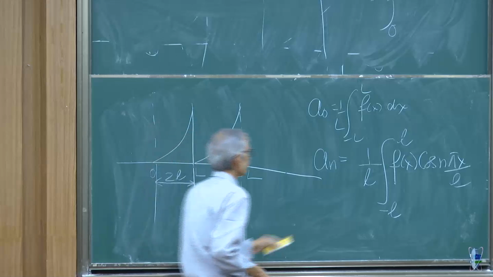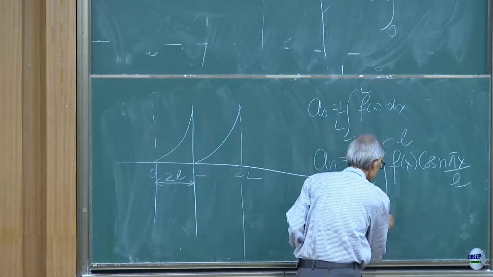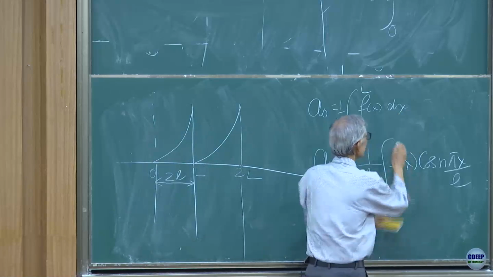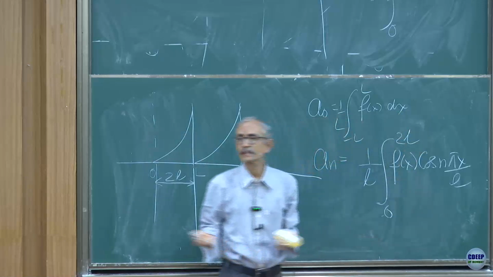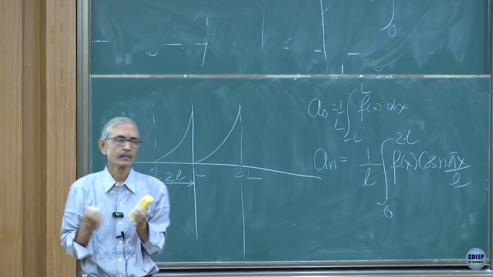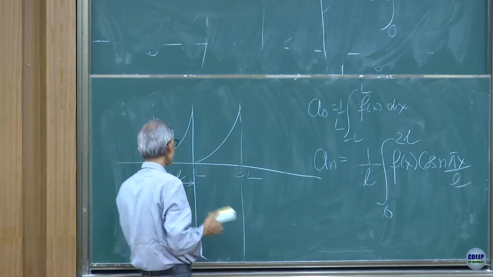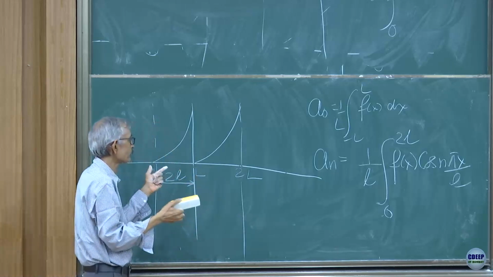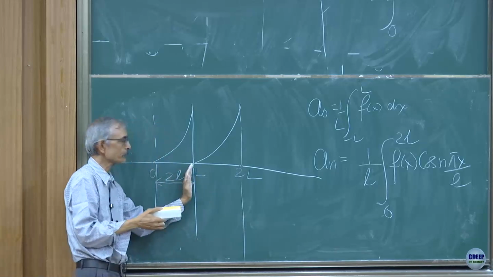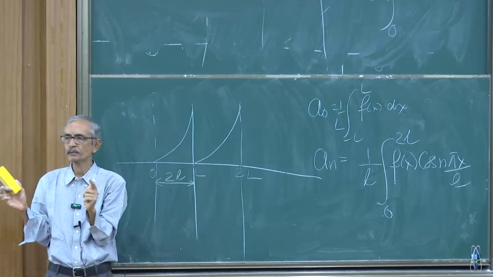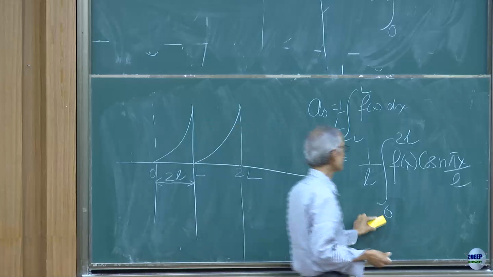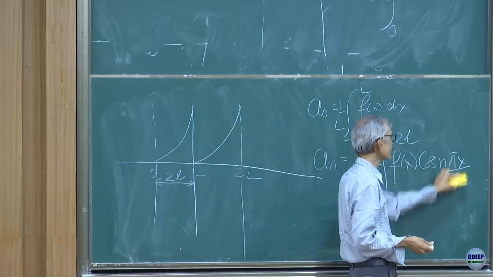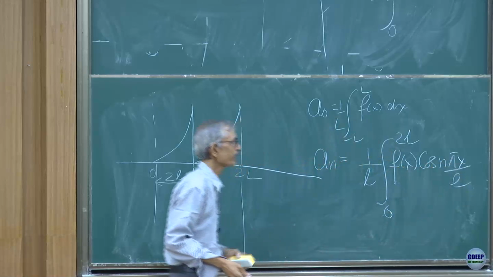Now, this guy can be made 0 to 2l. This is what we have seen, right? That's the period, right? So I can go from minus L to L. Here it is not that great to go from minus L to L. We go from 0 to 2L. So 2L is my period. So I go from 0 to 2L, f(x) cos n pi x by L.